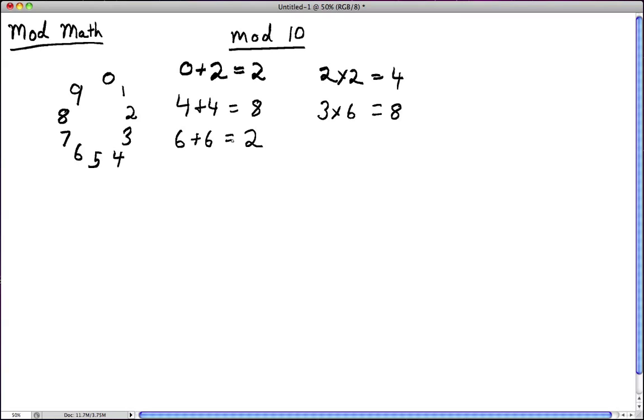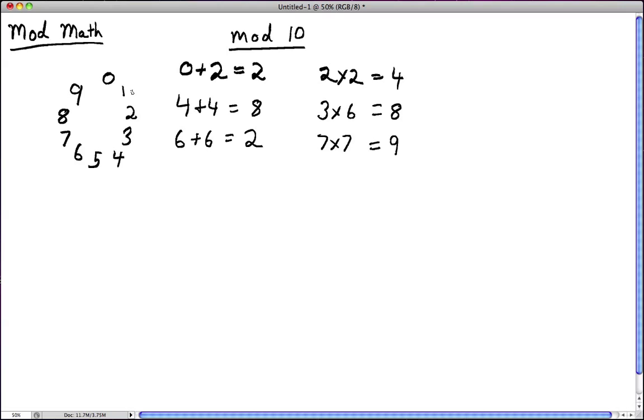Let's try it for something else. Let's do something big, 7 times 7. So 7 times 7, what's that? Well, 7 times 7 is 49, so we guess that the answer should be 9. Let's see if that's true. We go 7 plus 7 plus 7 plus 7.